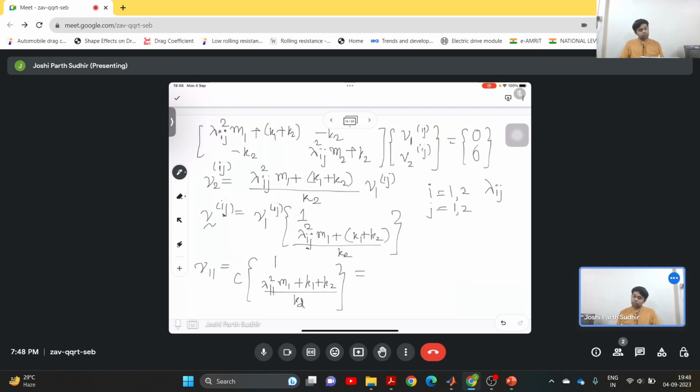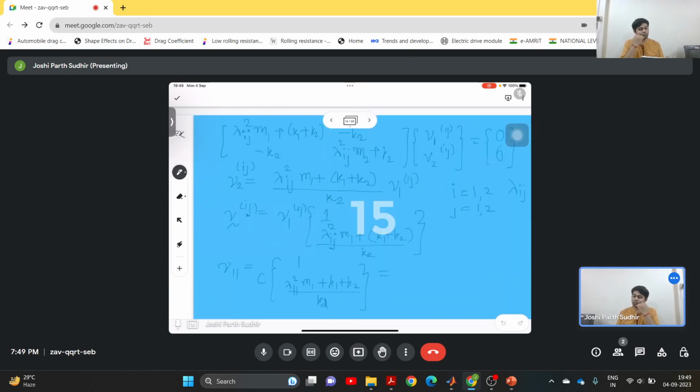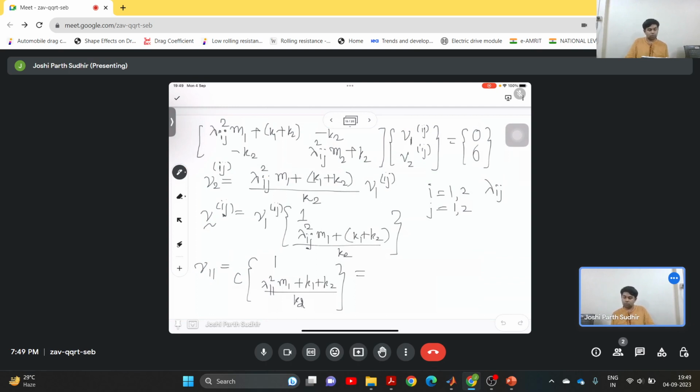So which will be, so we can get this by substituting the value of lambda 1 square, and similarly we will get the eigenvector. So for v12, v21, v22 in a similar way.